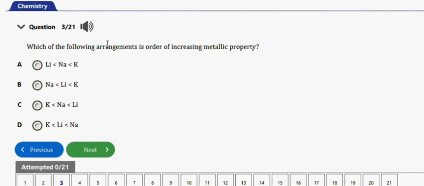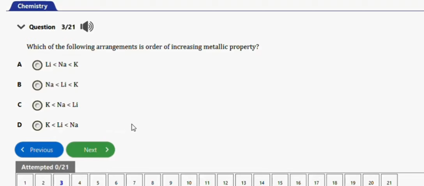It says, which of the following arrangements is in order of increasing metallic property? We have lithium less than sodium, sodium less than potassium. Then the other options with different orderings of potassium, sodium and lithium.